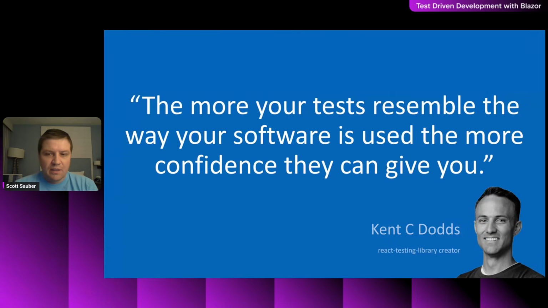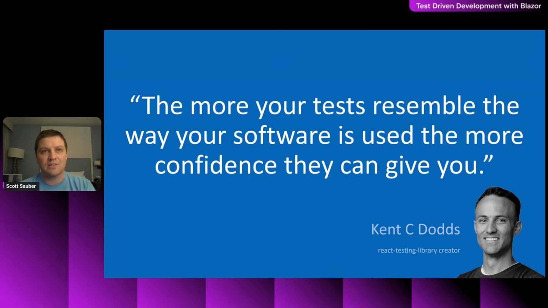And I really like this quote from Kent C. Dodds. He's pretty big in the React community, and he created the most popular bUnit equivalent in the React space called React Testing Library. Kent C. Dodds has this quote that I think is also a guiding principle for you as you're writing tests, because these principles don't change no matter what technologies you're using: the more your tests resemble the way your software is used, the more confidence they can give you.